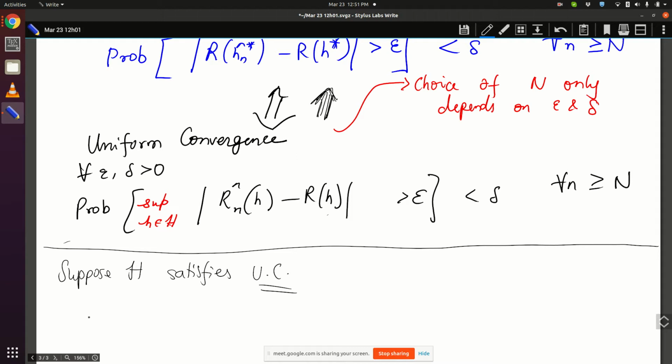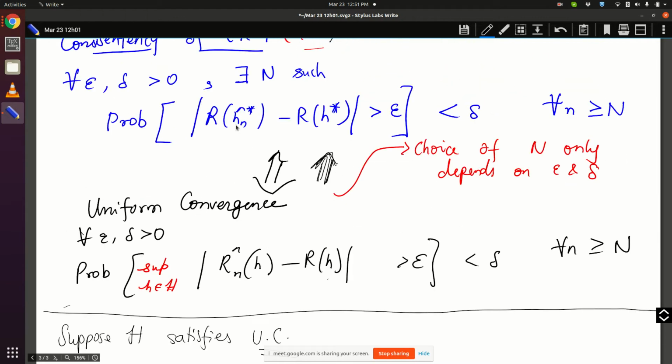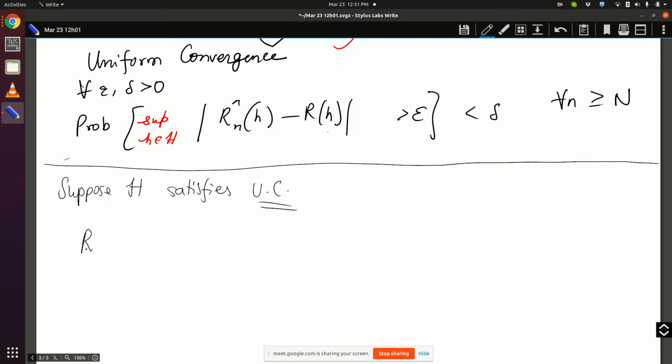Let's try to see. We would like to control how much this is deviating. So let's try to control R of Hn hat star minus R of H star.